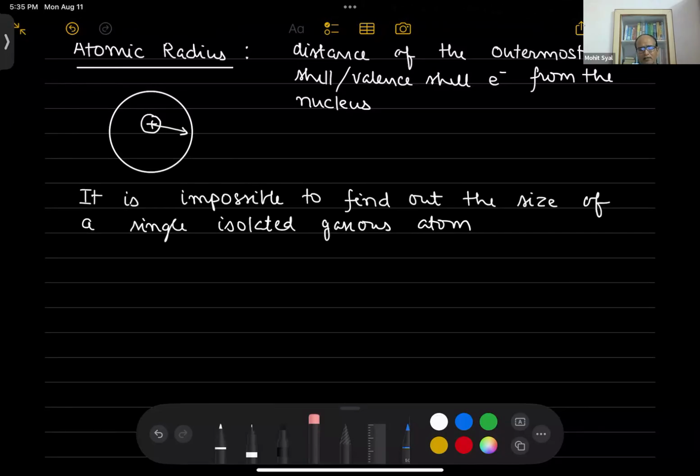So it is impossible to find out the size of a single isolated gaseous atom, because what is the reason? The electron cloud doesn't have sharp boundaries.